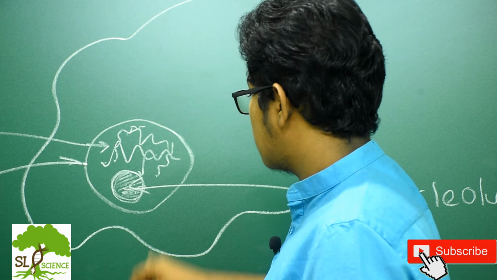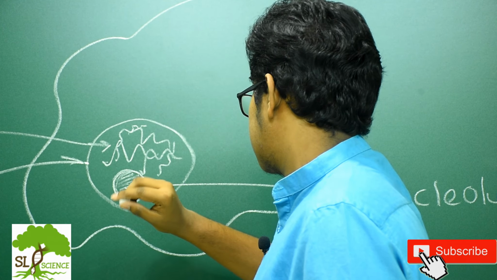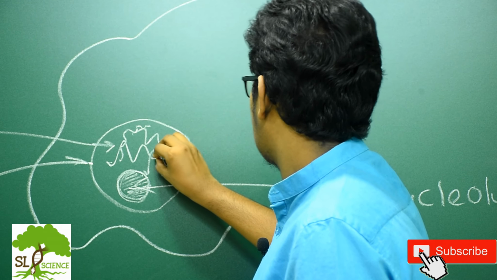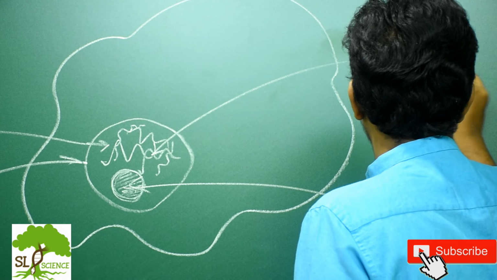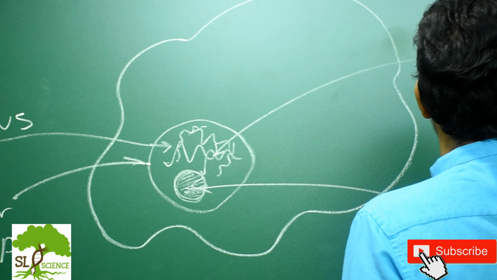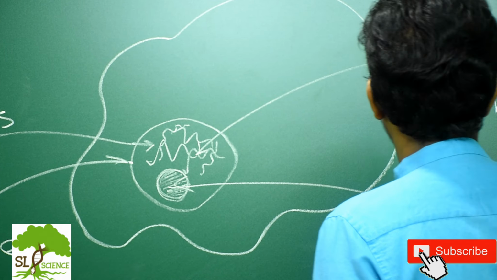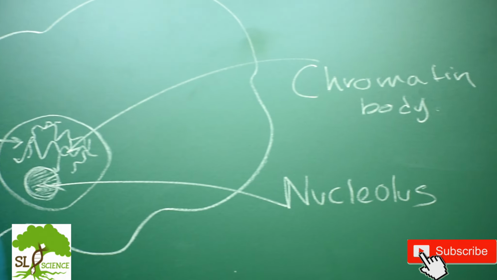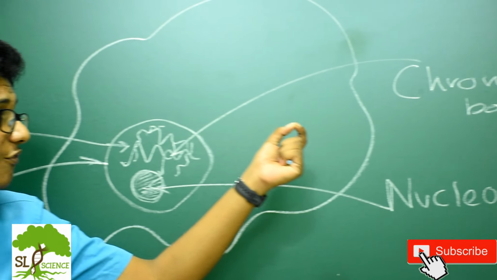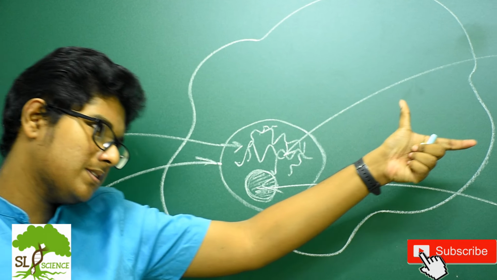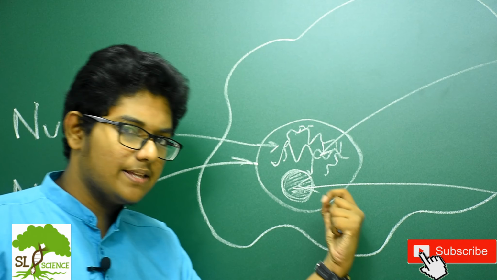We can see some thread-like bodies inside the nucleus, and these are called the chromatin bodies. What is the basic function of the chromatin body? That means it is a function of the nucleus, because the chromatin body is inside the nucleus.